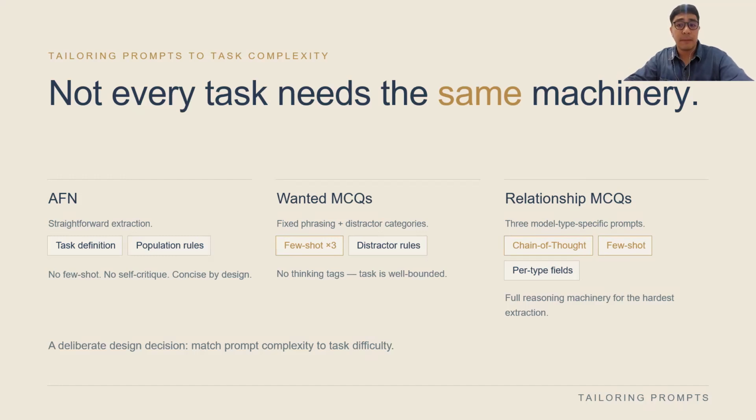As for the relationship MCQs, where the model needs to extract structured fields and generate meaningful distractors, I had to use chain of thought alongside few-shot. This part specifically taught me to not overcomplicate the solution and to match the prompt strategy to the difficulty of the task.